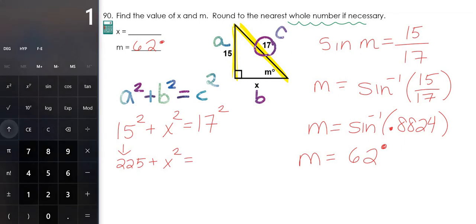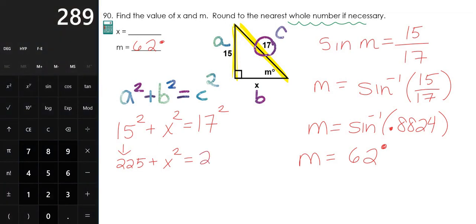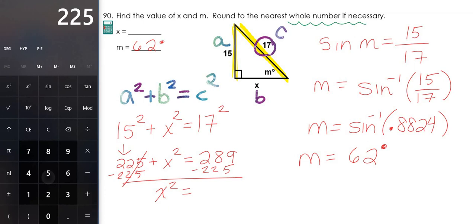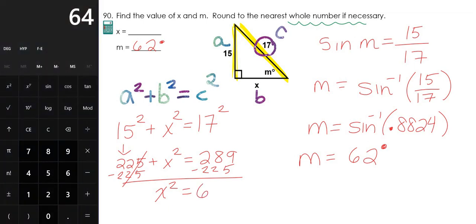Well, most of us probably don't know 17 squared. We don't use it that often, but it's 289. If we subtract 225 from both sides, we're going to be left with x squared equals 289 minus 225. You're left with 64.